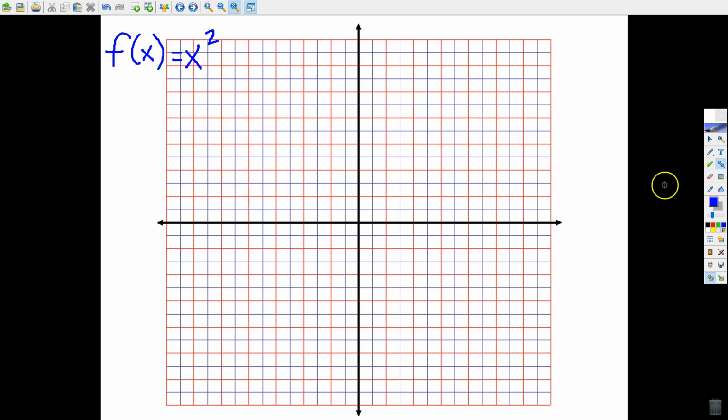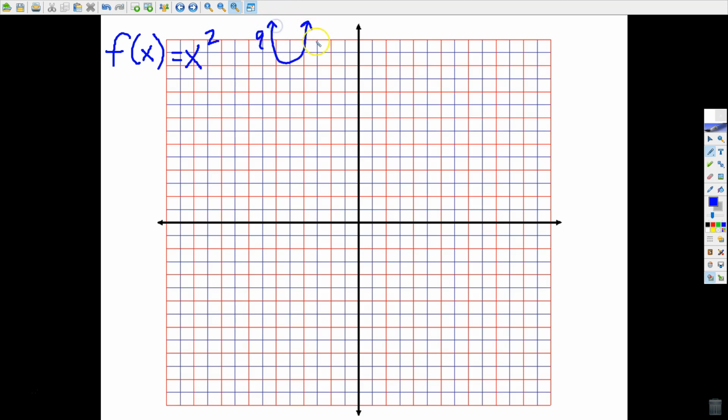Moving right along. Now let's look at this parent function. You can always remember quadratics. The graphs of quadratics will be parabolas, either regular upright parabolas, or if there's a minus sign in front of the x squared, then that flips them over so that they open upside down. I usually spell quadratic in a weird way, so maybe it helps you remember.